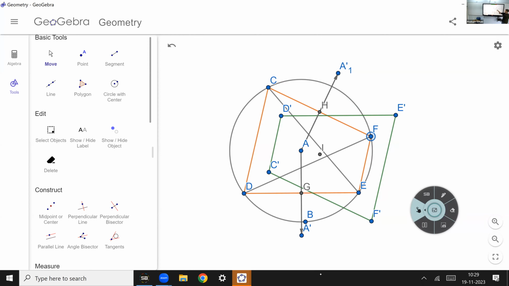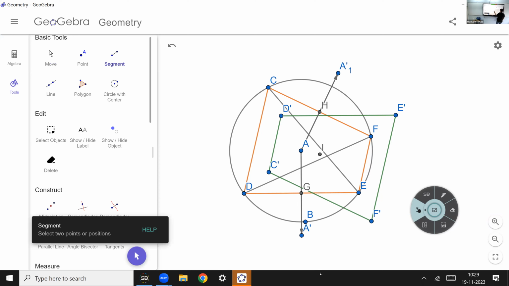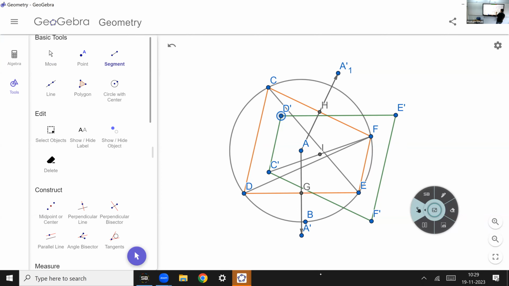You first construct the orthocenter of each individual triangle, and you construct that quadrilateral, and the point of reflection around which that original quadrilateral goes to the new one, that is the orthocenter. So again, let me just join these segments to make it clear. So look at this. I'm joining all these segments and they're all passing through I. It's a very complicated diagram, but hopefully you can follow.